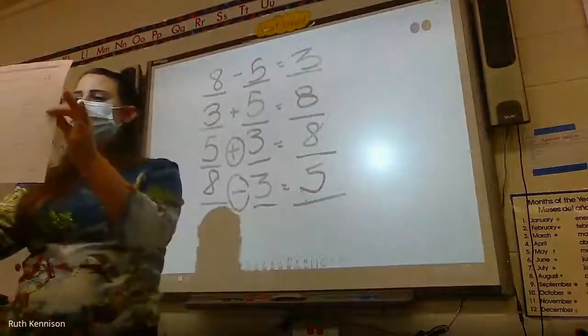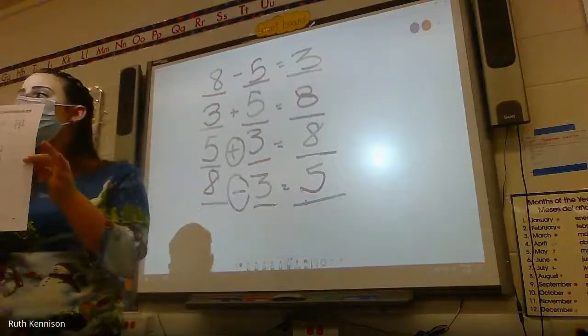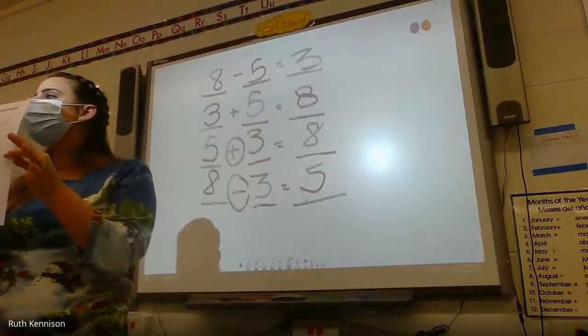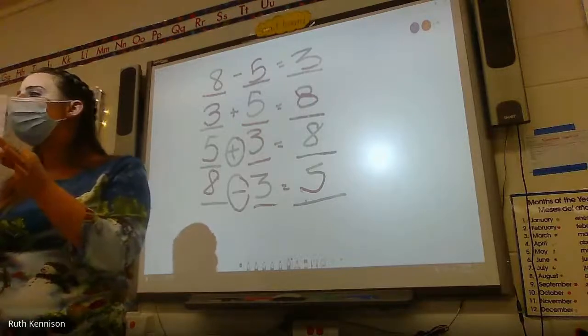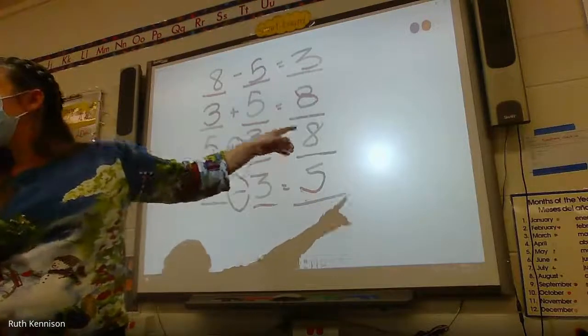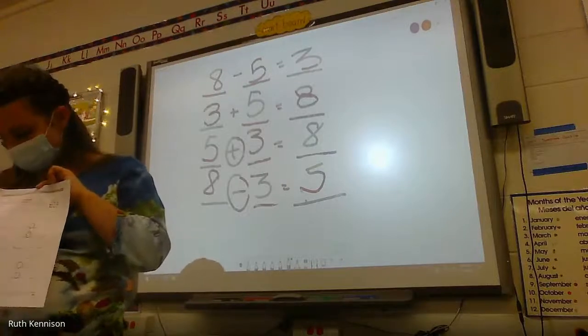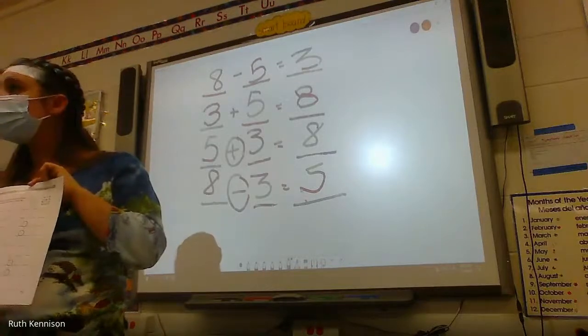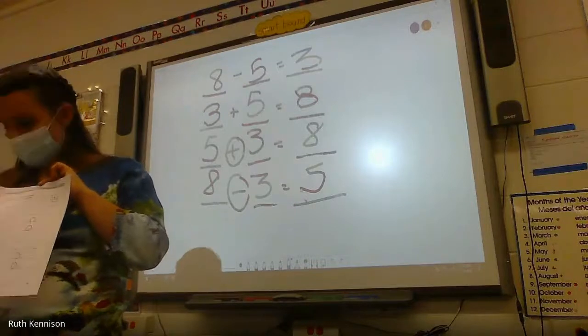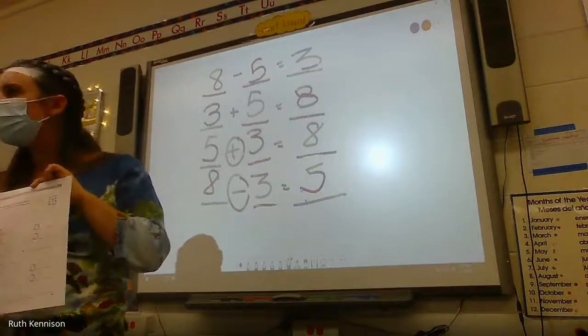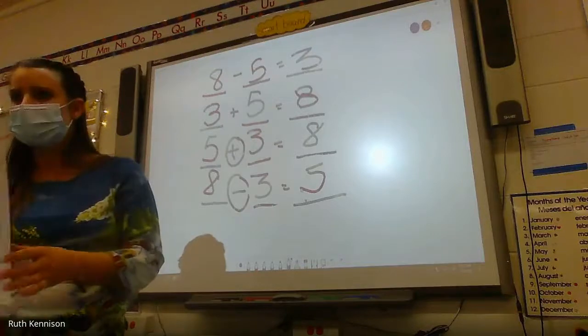Because then you're making your own, like we've done up here. You come up with your own subtraction problem, then you need to do an addition problem that uses those same three numbers, then do another addition, another subtraction. You guys can do it.